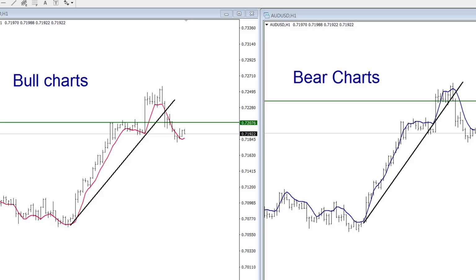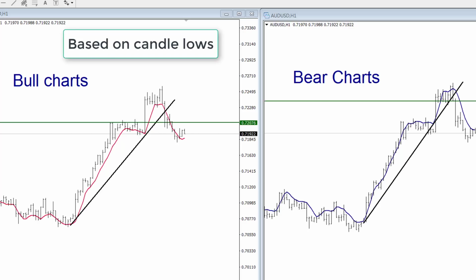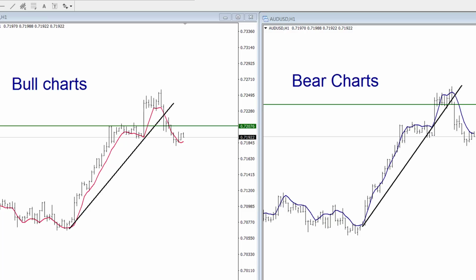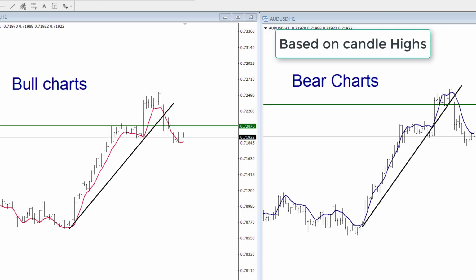Very early in our career we realized that turning points in the market happen on a different basis, whether the price is moving up or moving down. When the price is moving up, the lows of the candles are more important to identify turning points. And when it's moving down, the highs of the candles are more important.